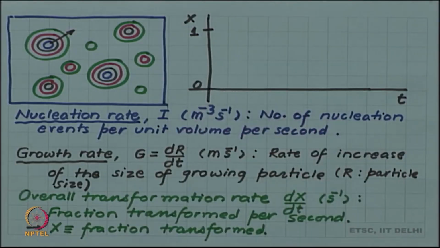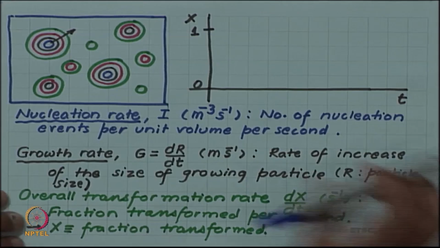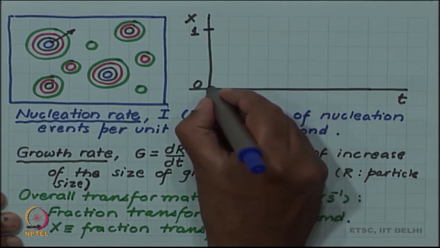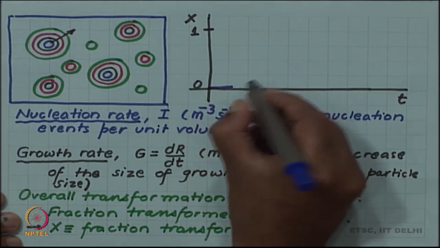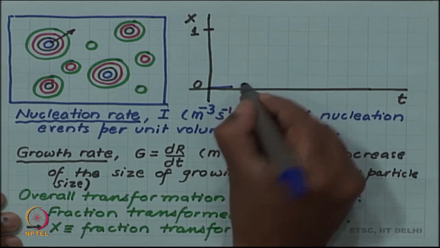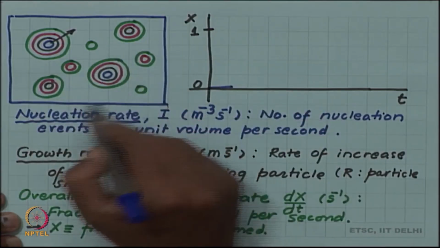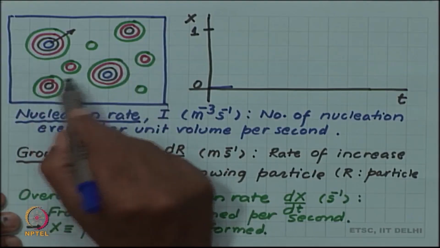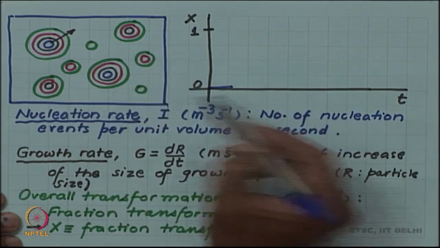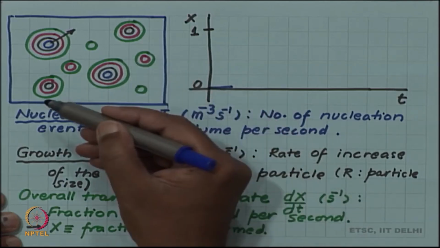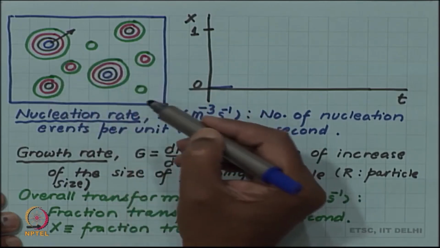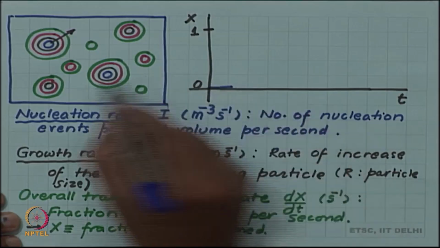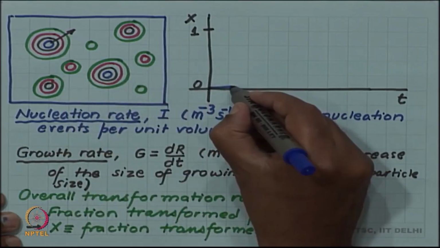Then as nuclei begin to appear, the transformation rate will pick up, and since as you saw now at this moment of time I have 1, 2, 3, 4, 5, 6, 7, 8 particles growing, but in the beginning I was having only 1 or 2 particles growing. So, the number of particles which are growing will increase as a function of time.